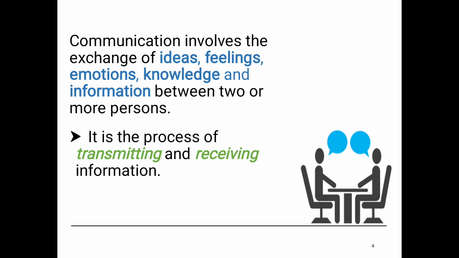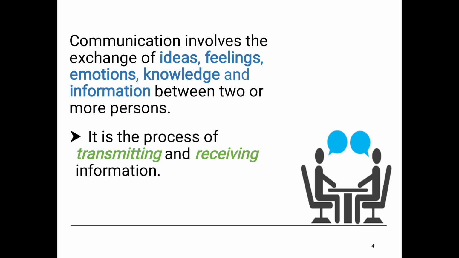In transmitting the message, the idea, feeling, emotion, knowledge, or information is transferred from pole A towards B. With the word pole, I mean pole A is the person who sends the message, who starts the communication process, and pole B is the receiver, who receives and tries to understand or comprehend the message.